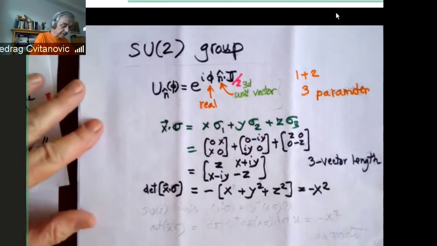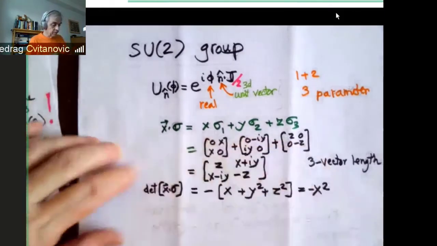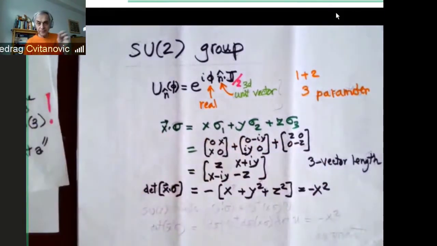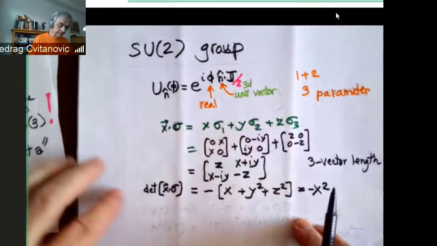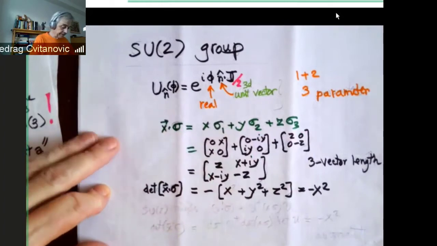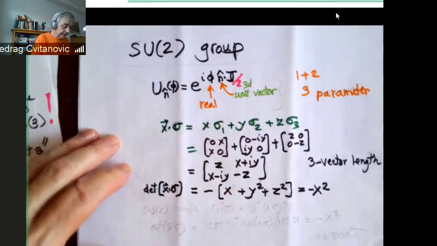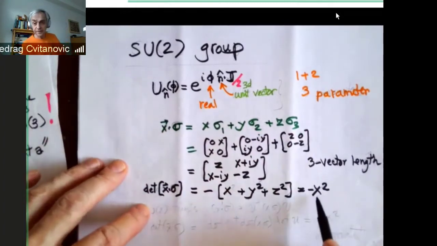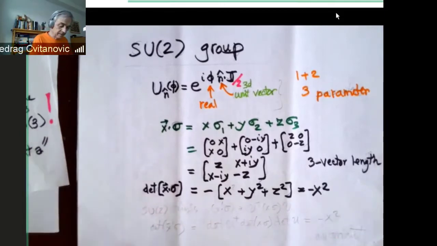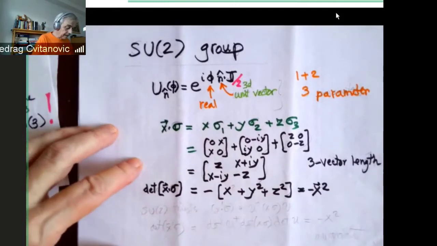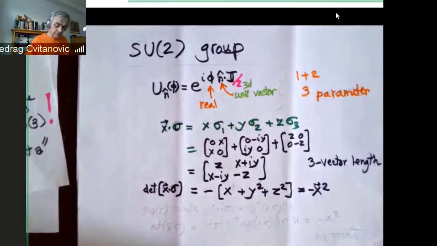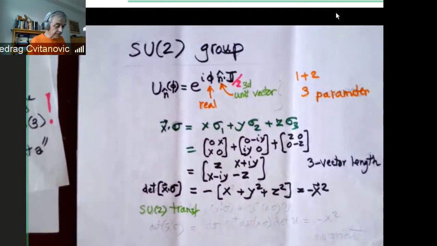But if you look at this particular combination of converting a 3-vector into a 2x2 matrix in terms of Pauli matrices, then that actually produces the vector length. And if you apply an SU(2) transformation, it's a matrix.